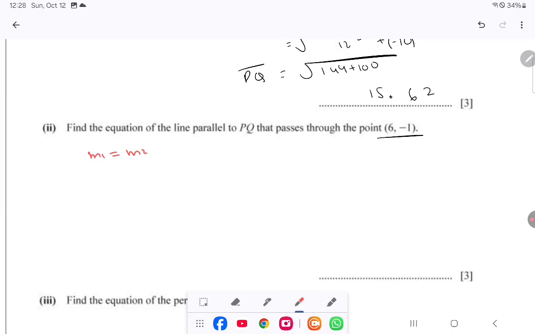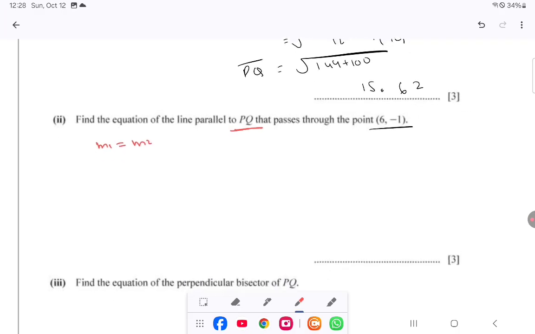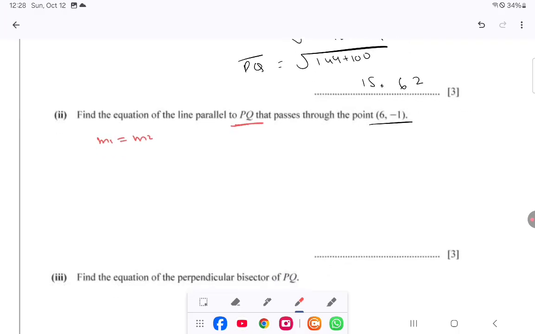So the equation of line which is parallel to PQ, but we haven't calculated the slope of PQ. So we have to calculate the value of the slope of PQ in order to get the slope of the line parallel to the PQ.